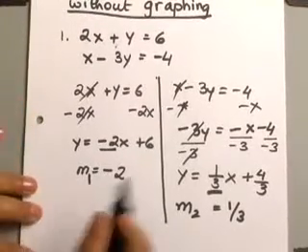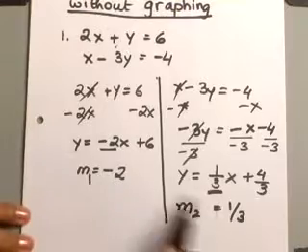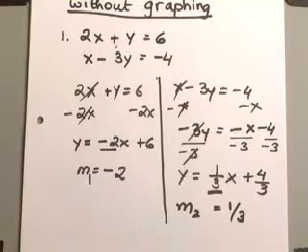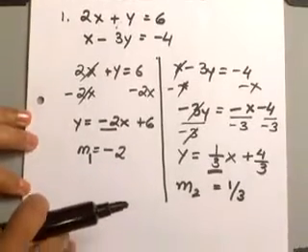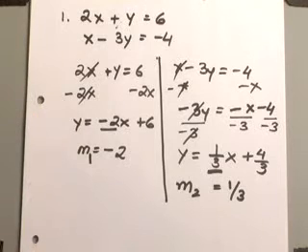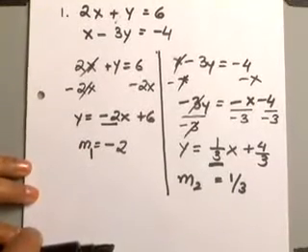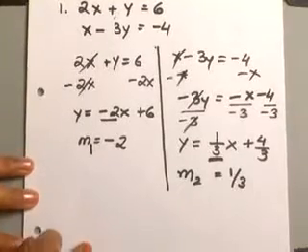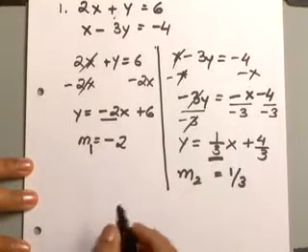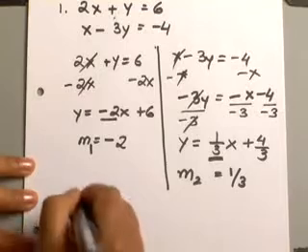Now you can see that both these lines have different slopes, which tells me that they are neither parallel nor the same line, because if they were parallel lines or the same line, they would have had the same slope. So in this case, this is a consistent system. Your equations are independent, and you will have exactly one solution for your system.